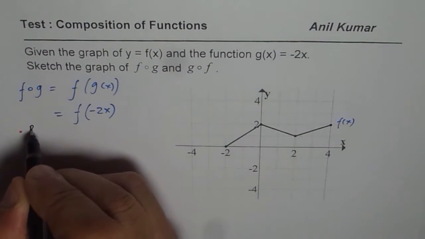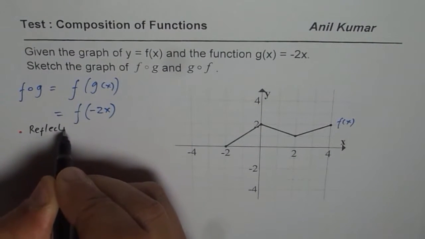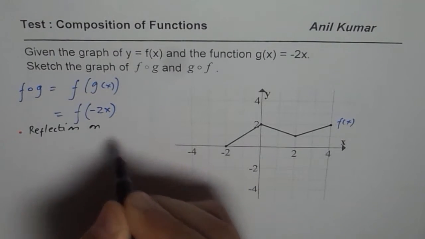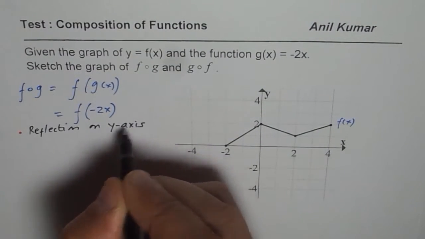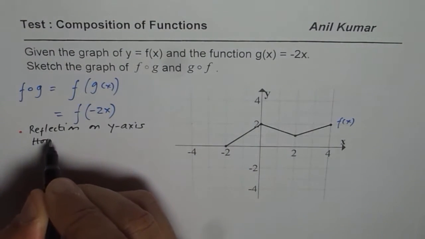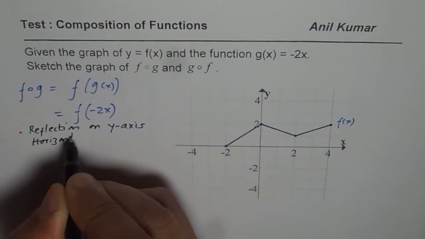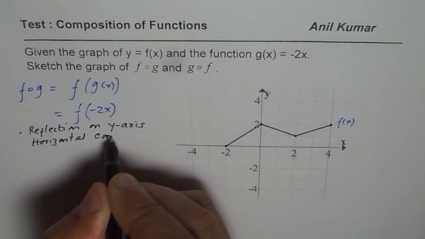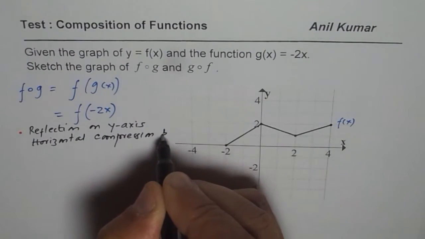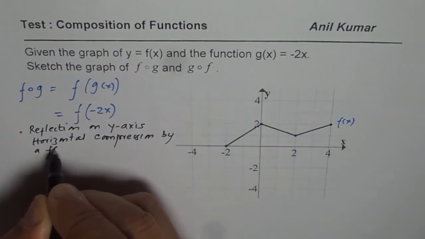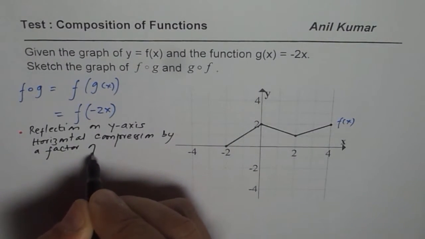So first one is reflection, that is horizontally on y-axis, and the other one is horizontal compression, by a factor of half, correct?